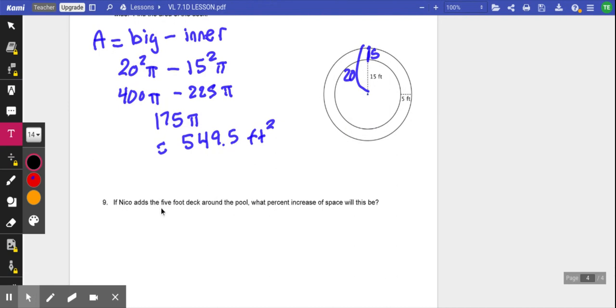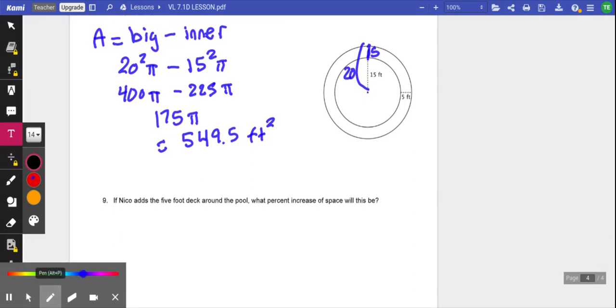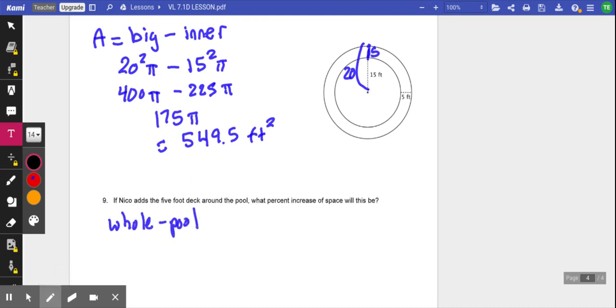If Nico adds 5-foot deck around the pool, what percent increase of space will it be? Okay, so again, we have to do percent increase. So we have to go the whole thing minus the pool over the pool equals our percent over 100.